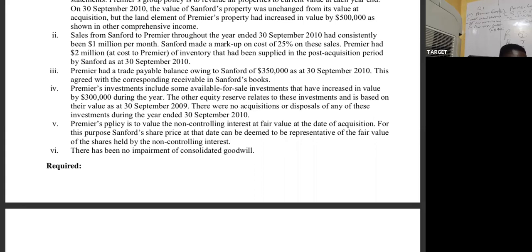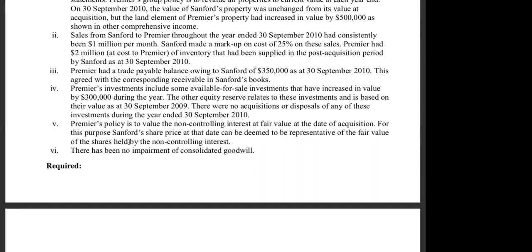So, like I told you, we just have to take the NCI's number of shares, then multiply it by the share price at the date of acquisition, and that is all.